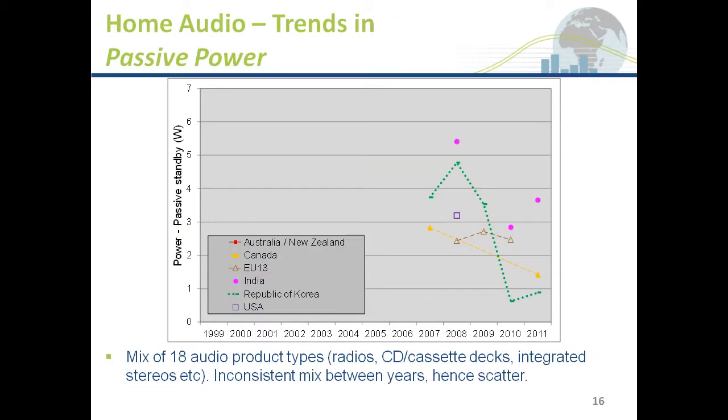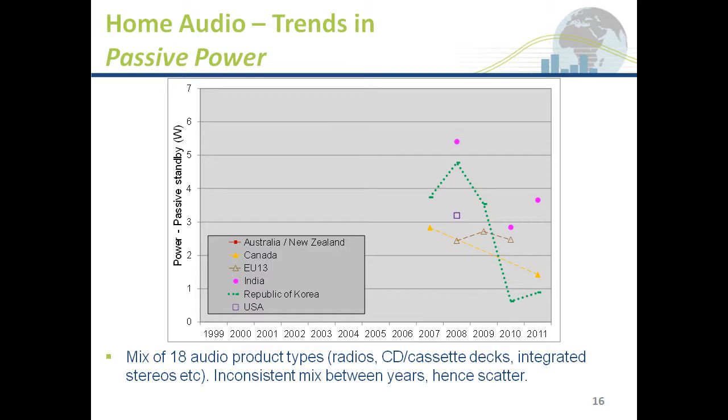Moving on to the next most numerous product category in terms of the analysis, home audio. This graph shows a lot of scatter, and this is probably due to there being a mixed bag of different audio products within this category.